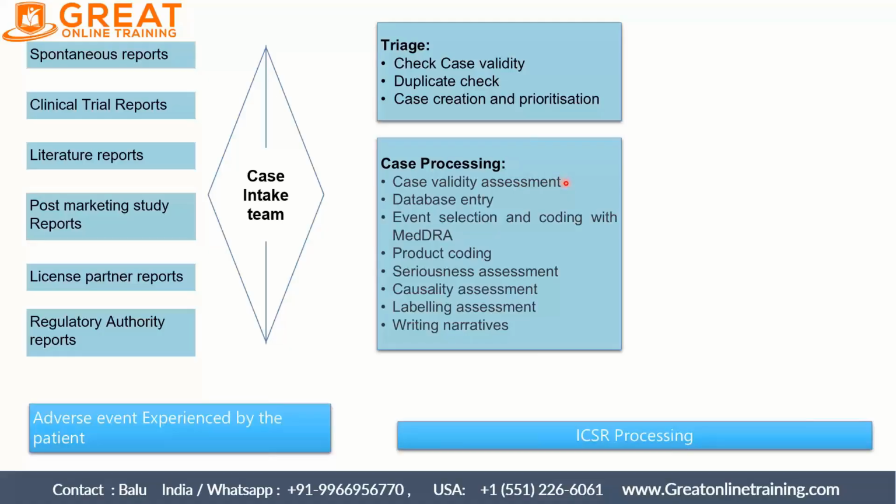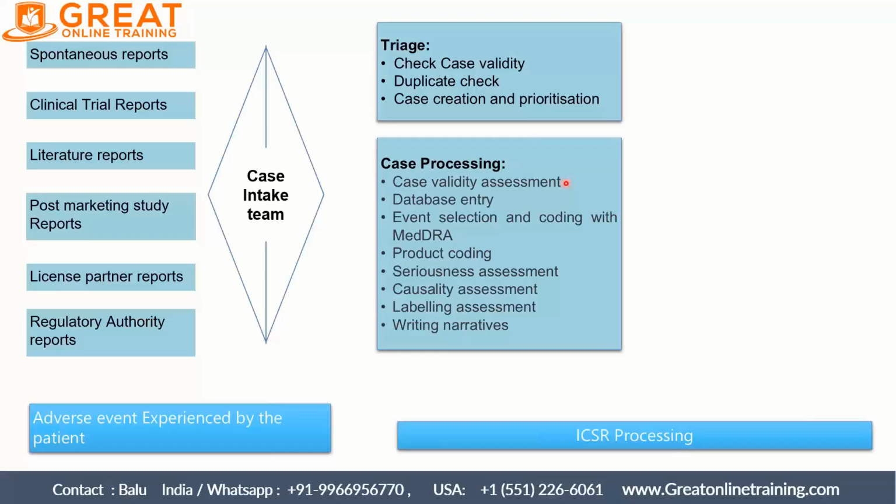The 4 validity criteria are an identifiable patient, an identifiable reporter, the suspect medication, and a valid adverse drug reaction or a fatal outcome. The report that we are receiving from the sources must have an identifiable patient, and it must have a product which is manufactured by the company, and also an event.